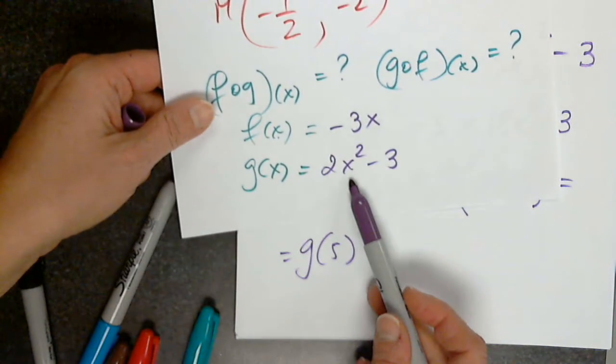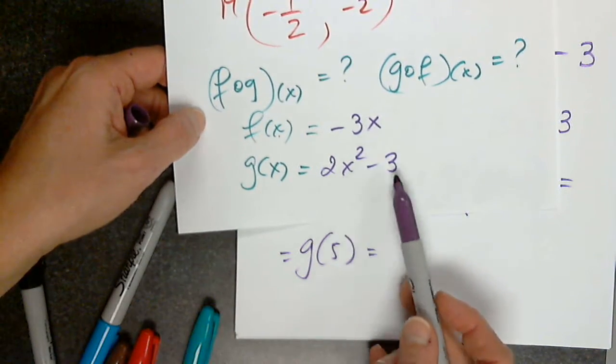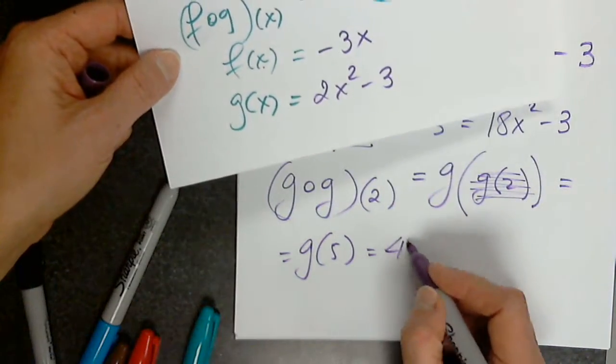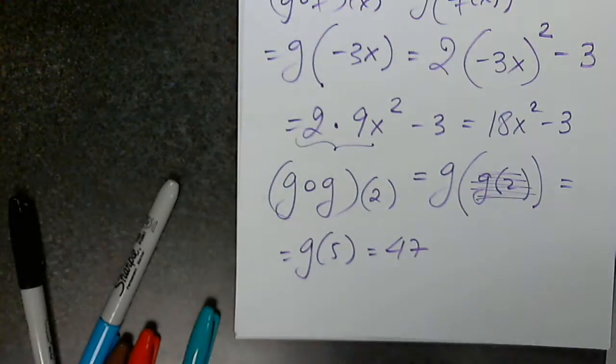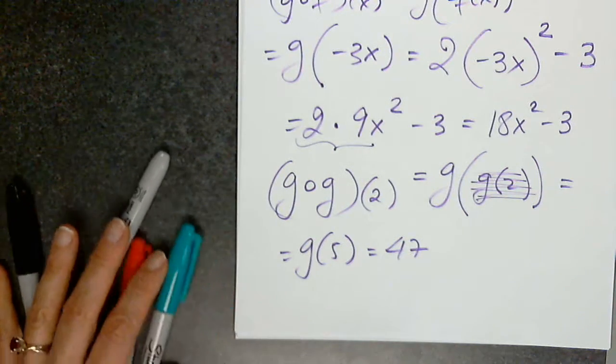So 5 squared, 25 times 2, 50. 50 minus 3, 47. Any questions on this?